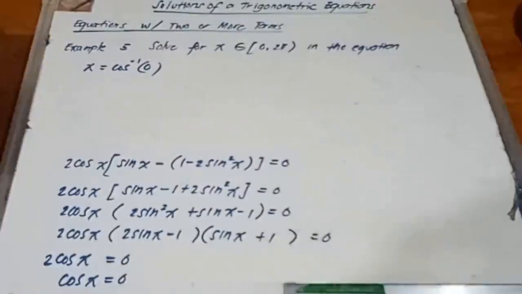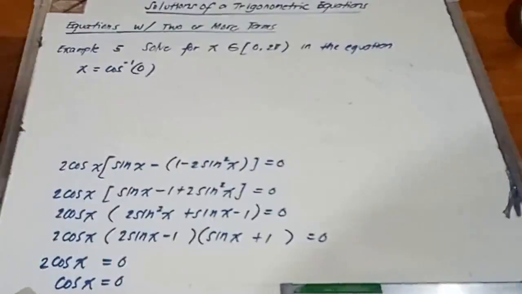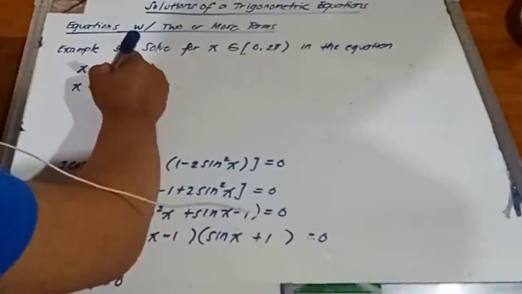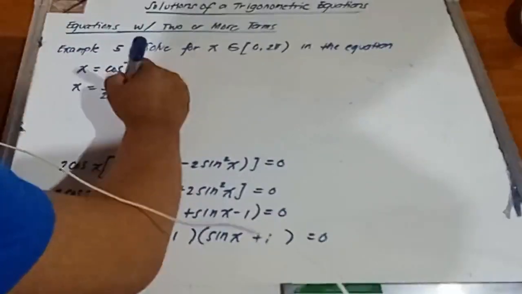So, what angle so that if you get its cosine equal to 0? So, yan ay 90 degrees and 270 degrees, kasi ang terminal side doon ay nasa y-axis. So, therefore, sagot natin ay pi over 2 and 3 pi over 2.